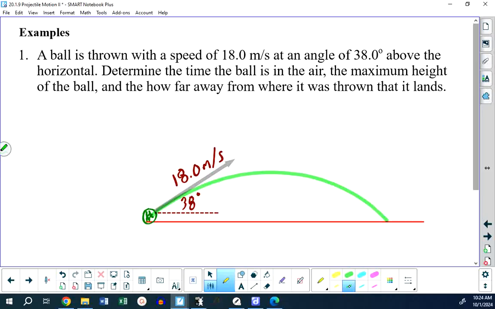That is to say, it's going to land at 18 meters per second at 38 degrees down. And the time it's going to take for the whole journey will be twice the time it takes to get to the top. It's going to be in the air rising just as often as it is falling.